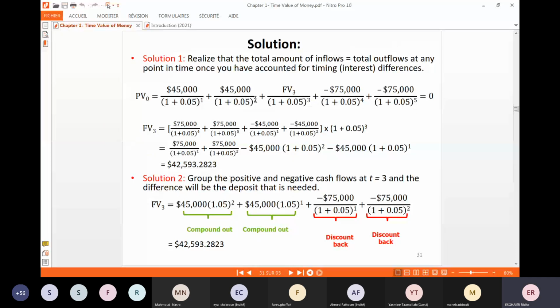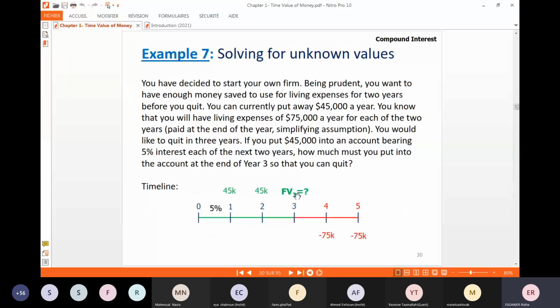The present value of an amount that we will save in the future, here future value 3, is future value 3 over 1 plus 5% power 3.